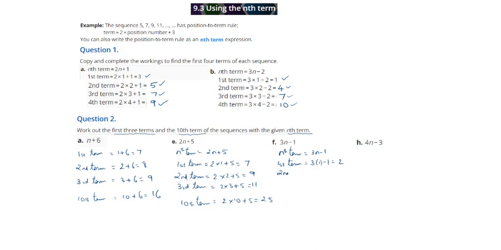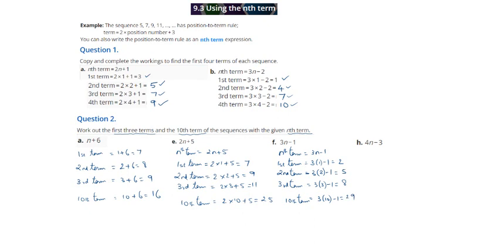The second term is 3 times 2 minus 1 is equal to 5. The third term is equal to 3 times 3 minus 1 is equal to 8. And the 10th term is 3 times 10 minus 1 is equal to 29.